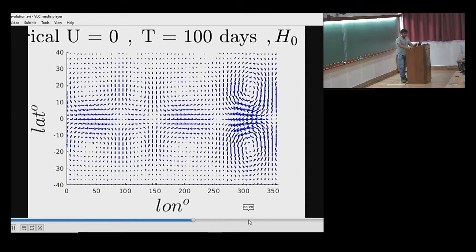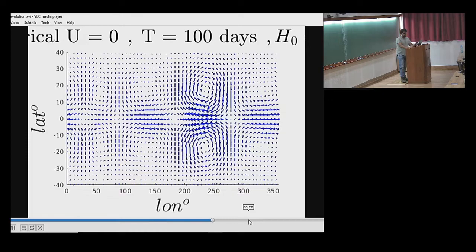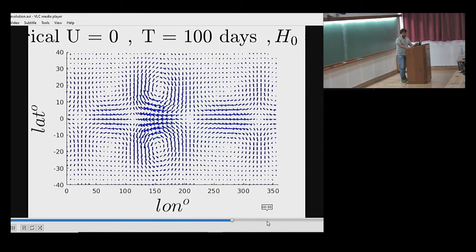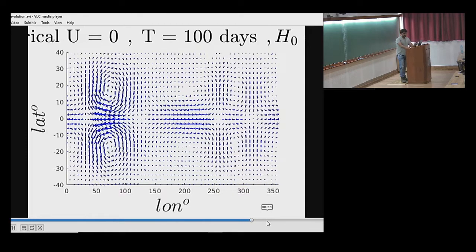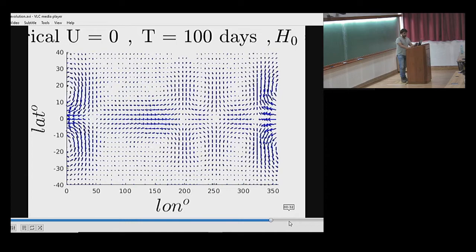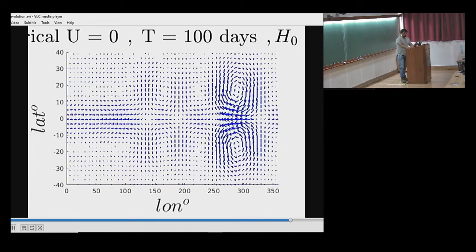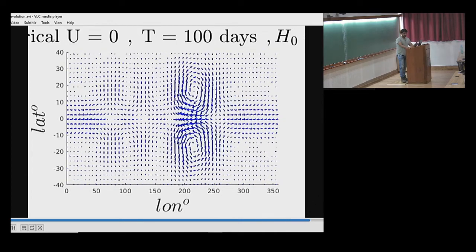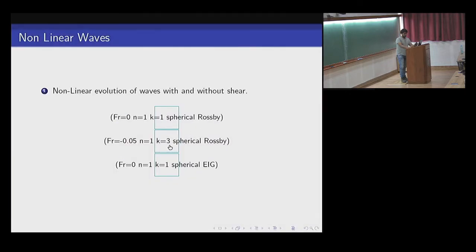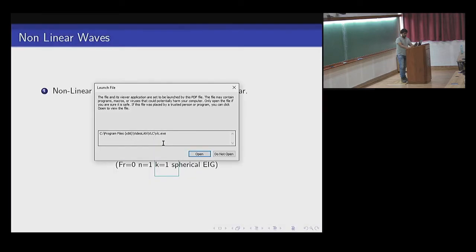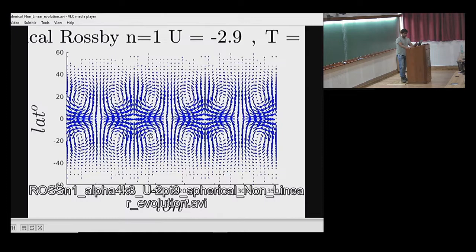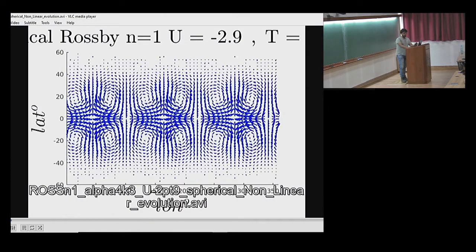There is still a periodicity there, and the period changes significantly, but it's still propagating westwards. So this is for the Rossby mode, and I have similar movies for other modes also.